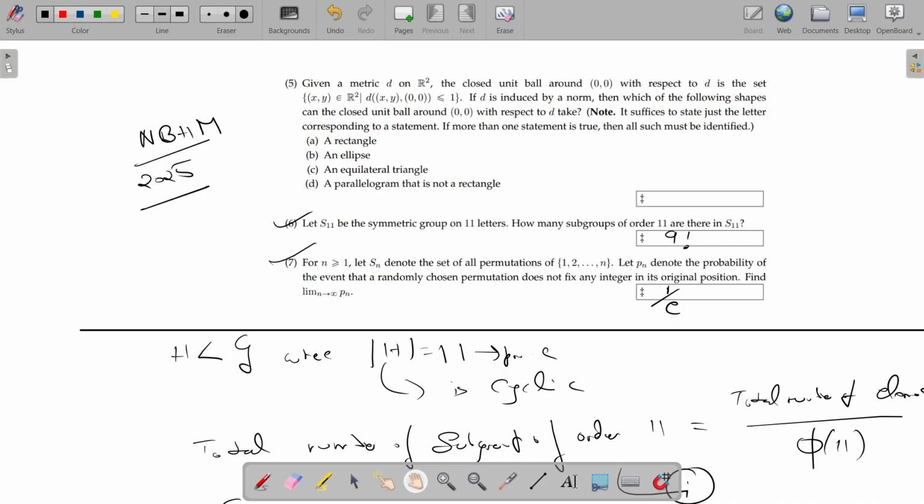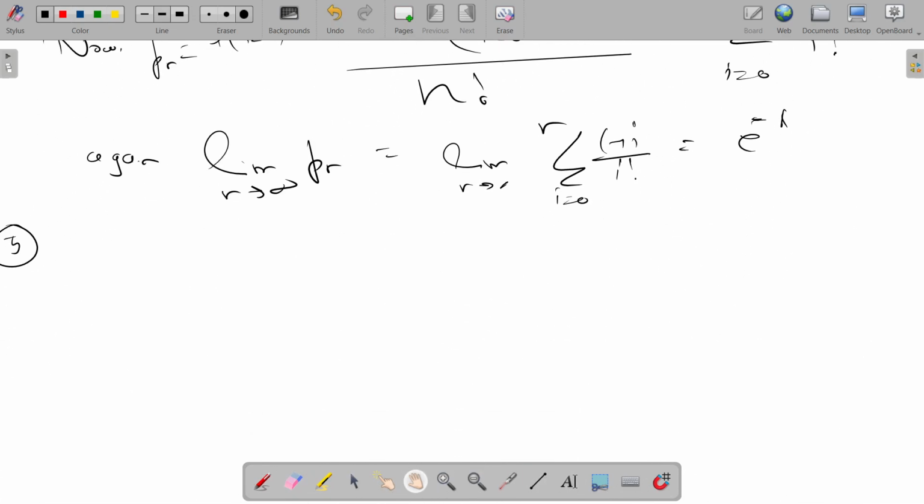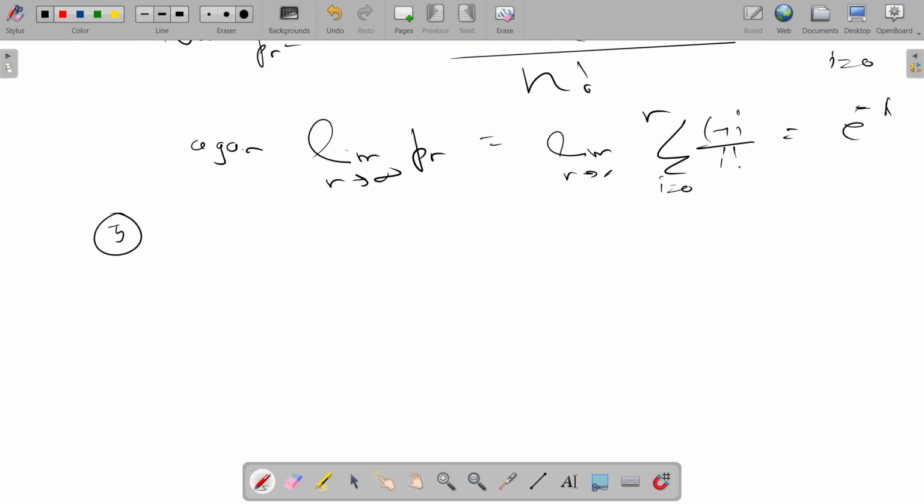Now, a parallelogram that is not a rectangle. I mean a rhombus, and this will be true because, let's say the point is (x1, y1).